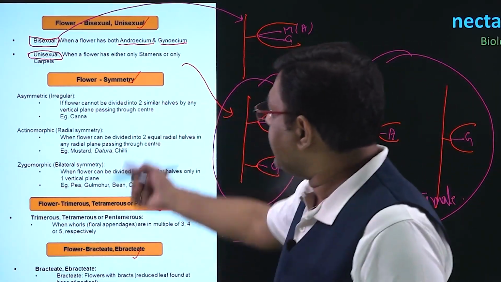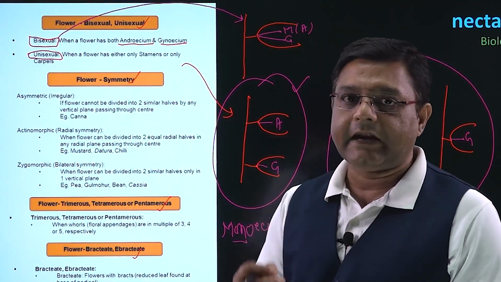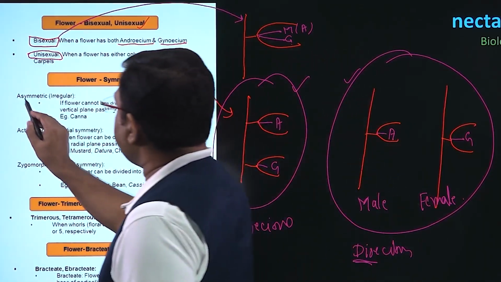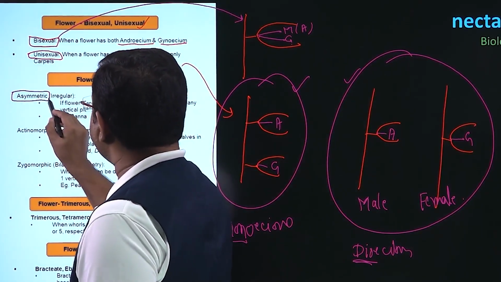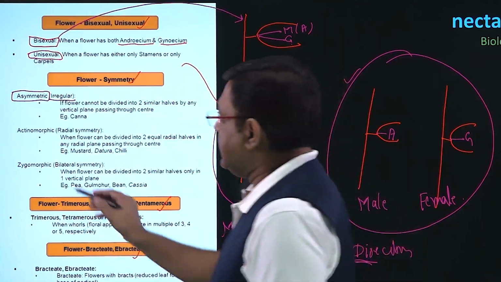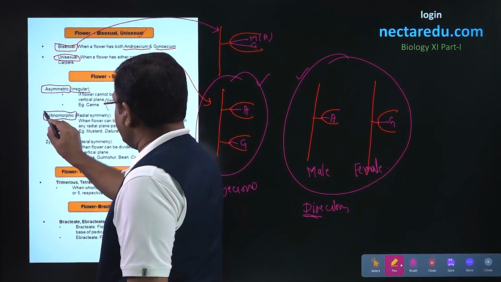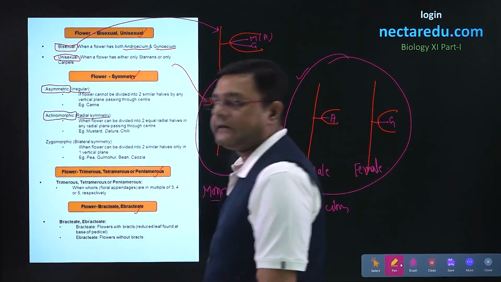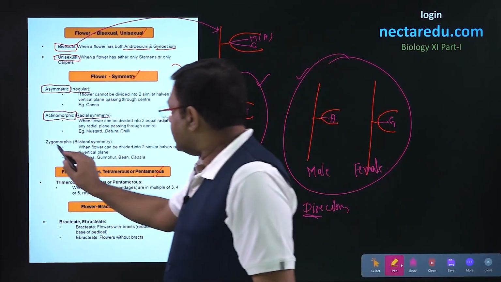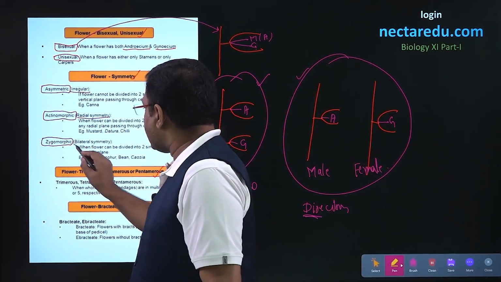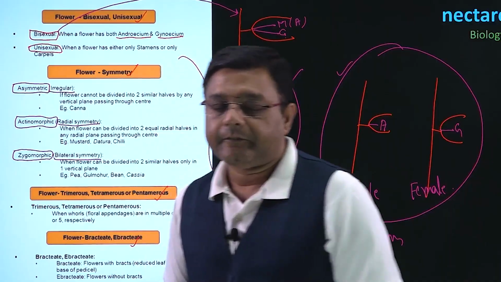After this, coming to the symmetry of flowers, there can be three types in it. The first, we can call it asymmetric or irregular. The second is actinomorphic, which can be compared with radial symmetry. The third is zygomorphic, which can be compared with bilateral symmetry.